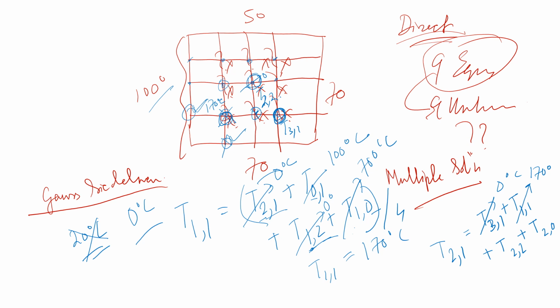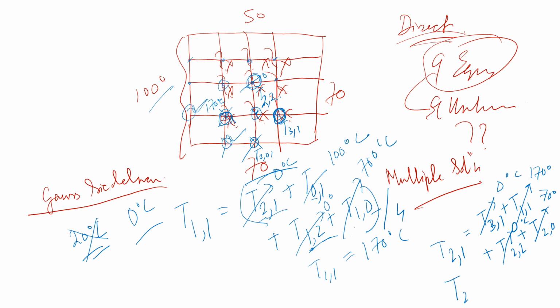So this T22 will also be at 0 degrees centigrade because these are all unknown internal nodes. And T20 will be at this edge temperature. So this will be at the edge temperature, which is 70 degrees centigrade.